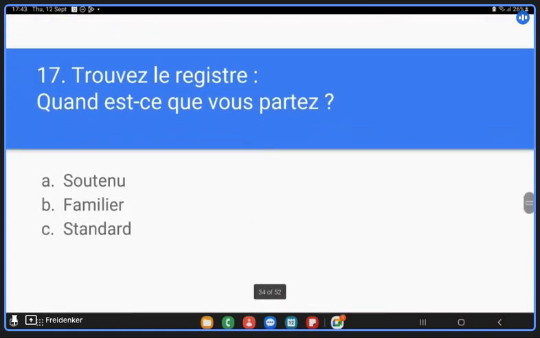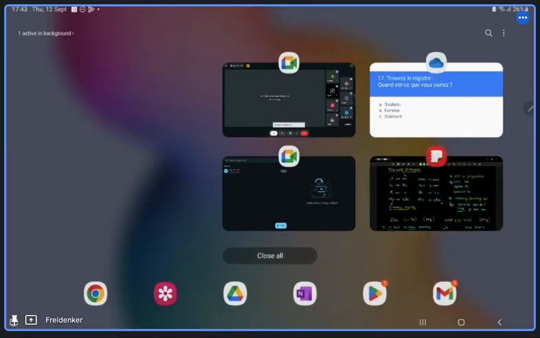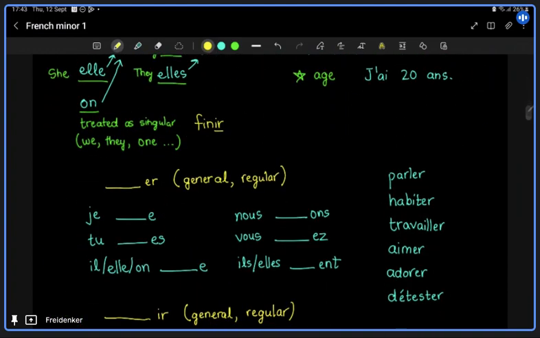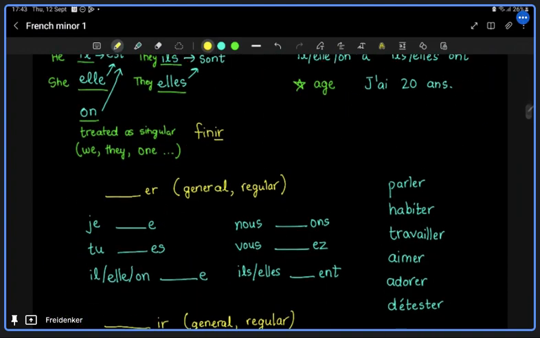Trouver le registre. We did this in the previous semester when we were forming questions. Quand est-ce que vous partez? We have other irregular verbs. We have partir, which is to leave.